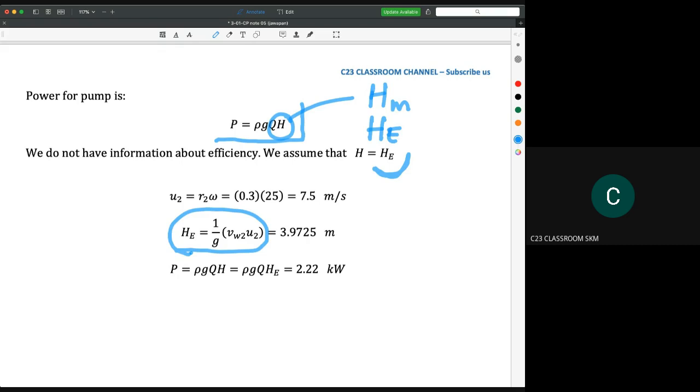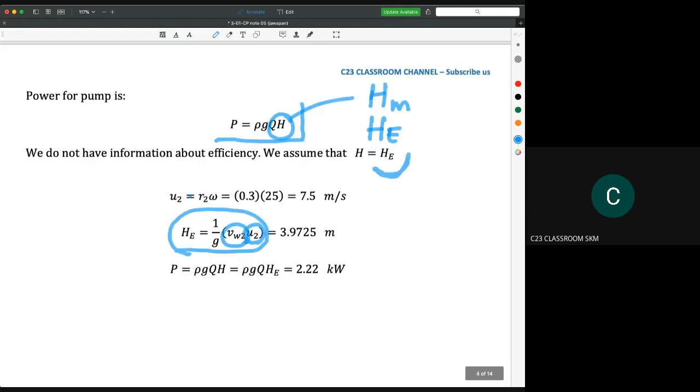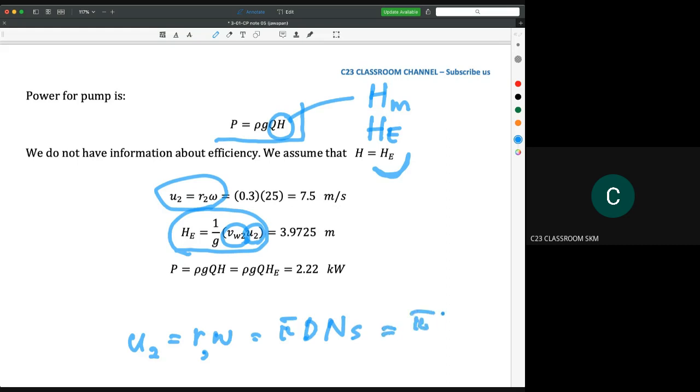Again, we need to determine what is U2 and what is Vw2. According to the previous calculation, we know the value of Vw2 here. And then we could calculate the value of U2. Because we have so many equations, R omega, R2 omega, or pi D N over 60, I hope you could remember all these equations.